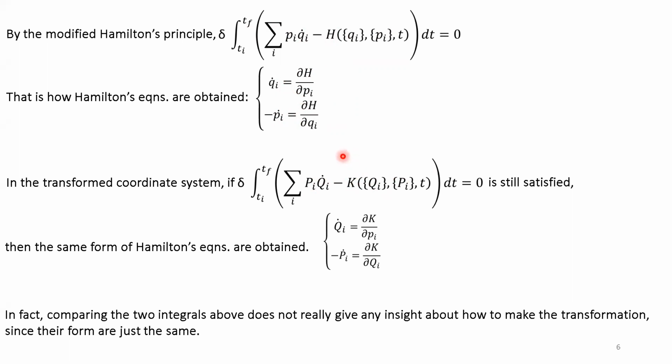If I put this new integrand into this integral, and again do the calculus of variation, and this is still satisfied, then I will get the same form of Hamilton's equations.